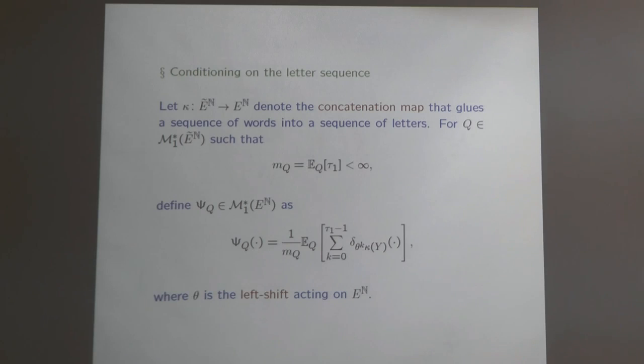So what would happen if I would say the letters are no longer playing the game, they are frozen. I am now somebody who looks at a frozen sequence, which is there and is not changing, and I'm supposed to make jumps so that my empirical process of words is close to something that I would like to choose and call Q.